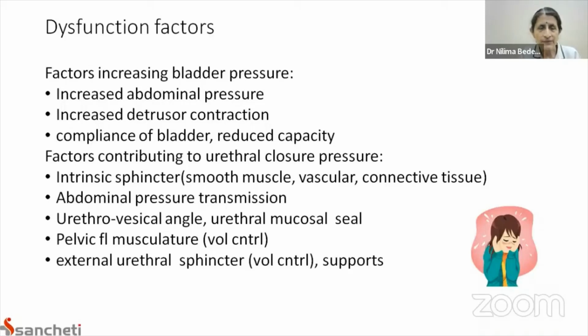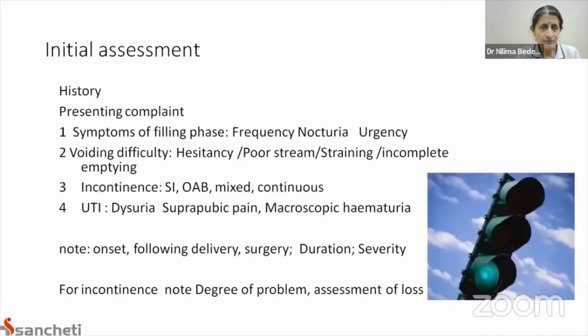Hence the bladder pressure increases, but the same pressure doesn't apply to the urethra. There is then a disturbance between the bladder and the urethral closure pressure, which leads to stress incontinence. So external urethral sphincter support is really important in maintaining this. Otherwise, there would be dysfunction.